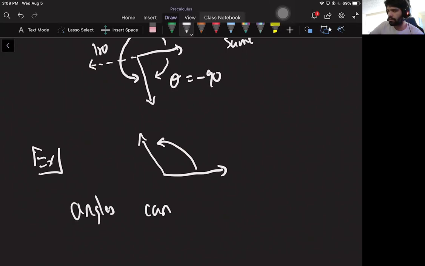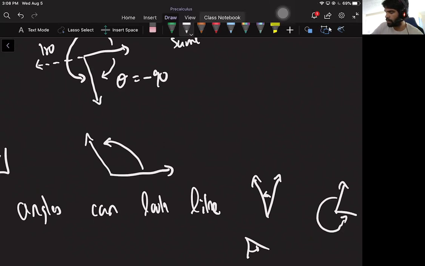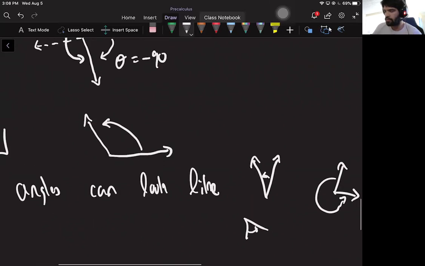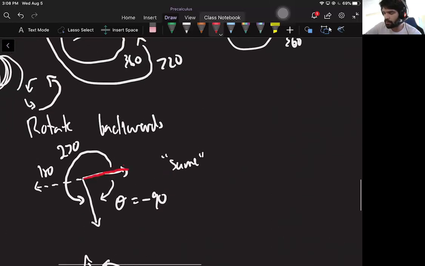So angles can look like this, for example, or that, or something down here. Something like that. So I always draw the initial side going in this direction, if you noticed. I tried my best. This one's kind of crooked.